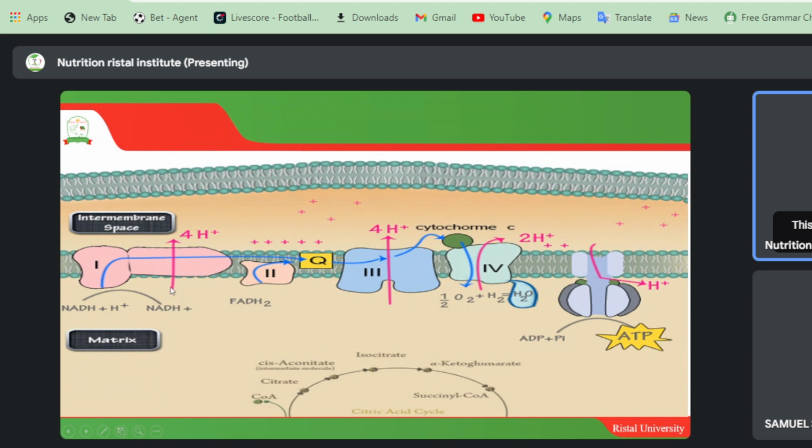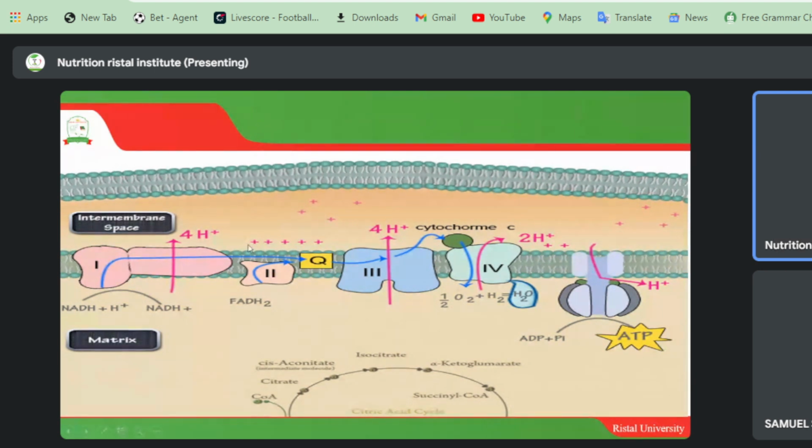So the protons are shuttled up into the intermembrane space, and that's why we say it creates a proton gradient. Meaning, if all these hydrogen ions or protons have been pumped into the intermembrane space, there is a concentration difference or gradient. There will be more of these hydrogen ions in the intermembrane space and less in the matrix. That's what creates the proton gradient.